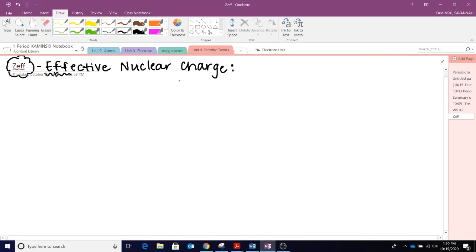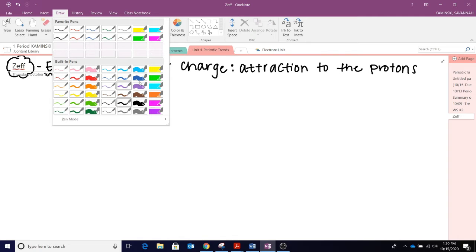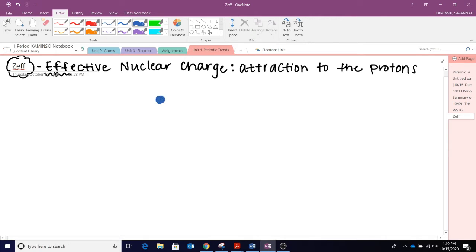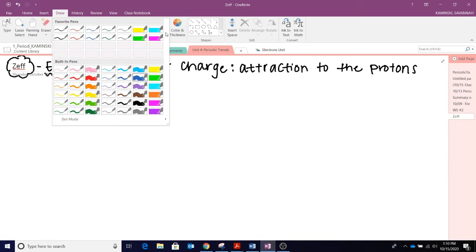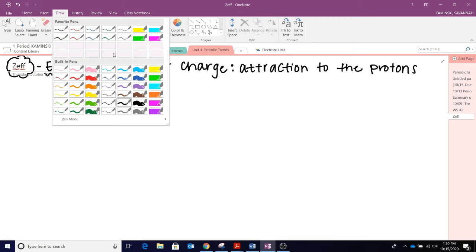effective? I'm not sure. But effective nuclear charge is essentially the attraction to the protons. Because remember, our protons are positive, and our electrons are negative.